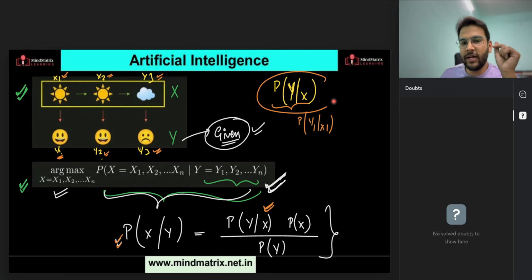So can I say if you have to find the probability of y given x, it has to be this event multiplied by this event multiplied by this event? Yes or no? That means you have to consider every possible mood given what the weather is. I hope now it is clear.